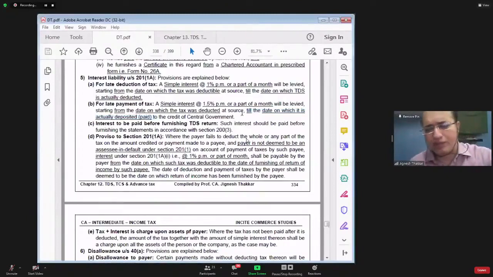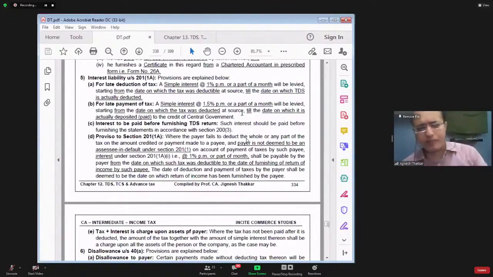So interest will be levied on what? Interest will be levied on the amount of TDS. From which date to which date? Interest will be levied from 16th of May up to 20th of June. From 16th May up to 20th of June, it is 1 month plus few days. This 1 month plus few days will be considered as 2 months.